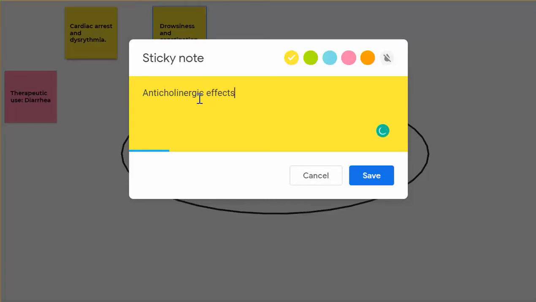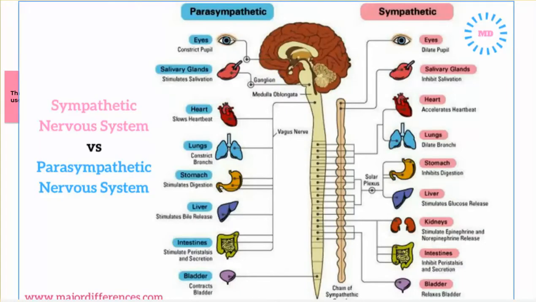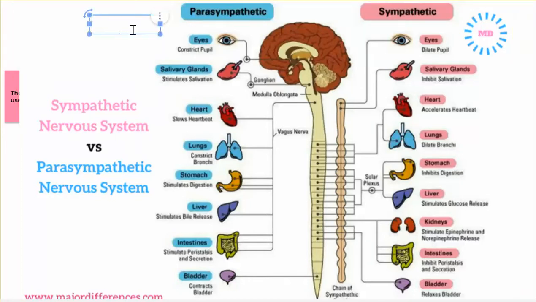Because that's what atropine is. It's an anticholinergic. And so when we talk about anticholinergic effects, we just think back to that parasympathetic versus the sympathetic system, right? And then we look at the fact that this part over here, this parasympathetic side, is the cholinergic, okay? And this side over here is the adrenergic, right?